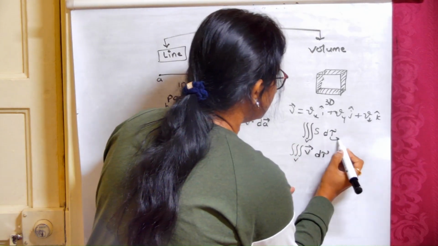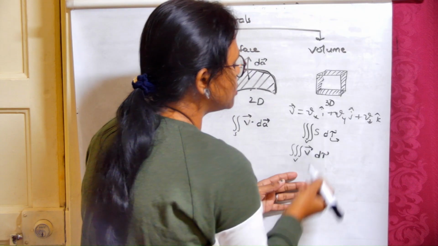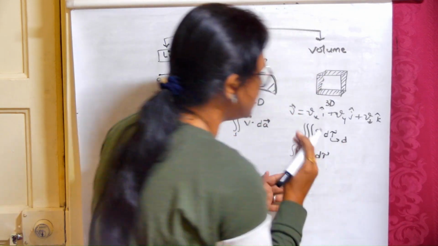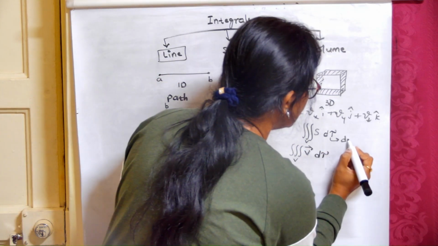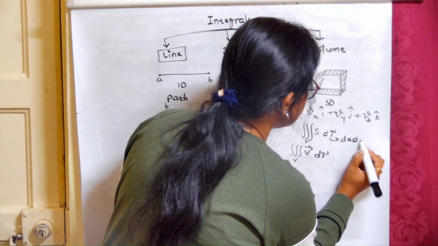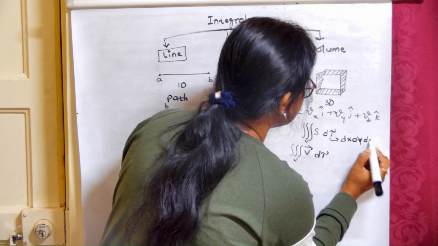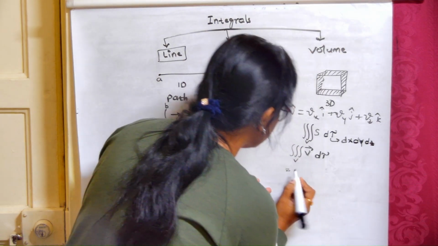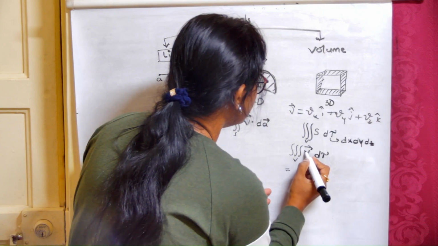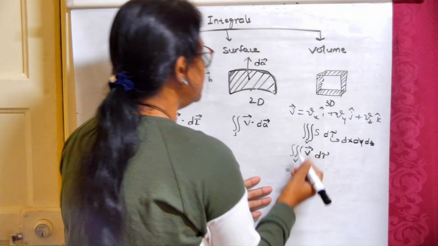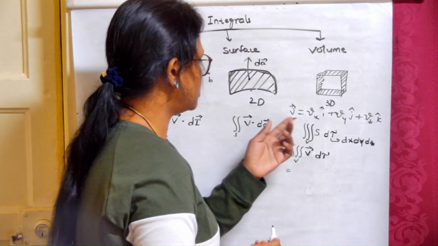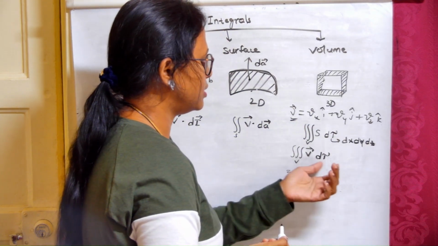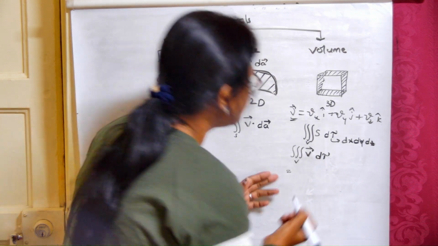Here d tau, in the Cartesian coordinate system, is the infinitesimal volume element. It can be written as dx, dy and dz. So here we are going to integrate this vector field V bar with respect to the infinitesimal volume element d tau.